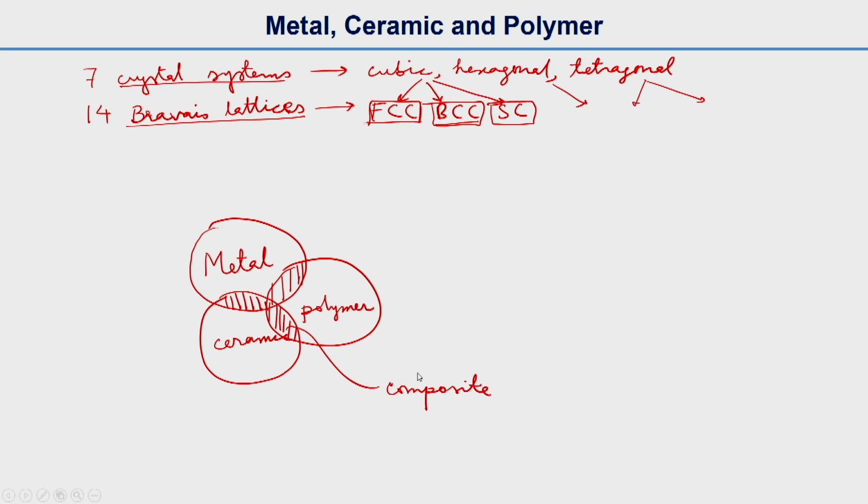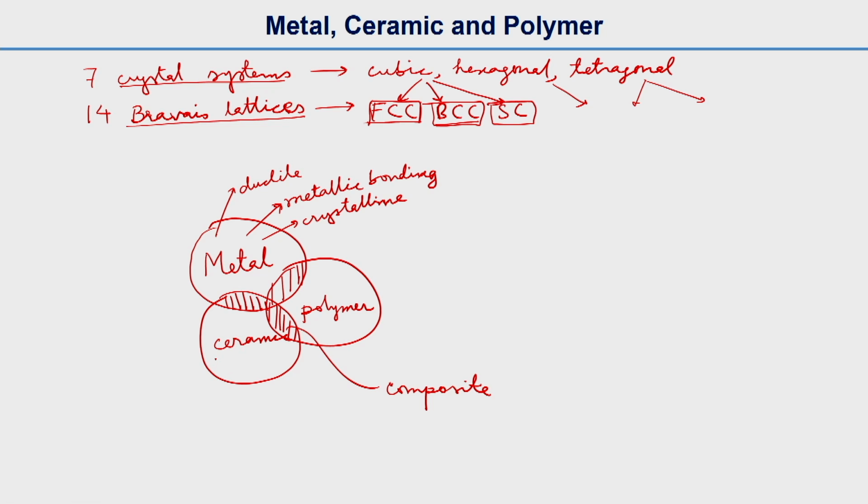So, very quickly, some important points about these materials. Metal is mostly a ductile material, and this classification is also based on the bonding between the atoms. So this has metallic bonding, and metals are also crystalline in nature, what we discussed in the last class.